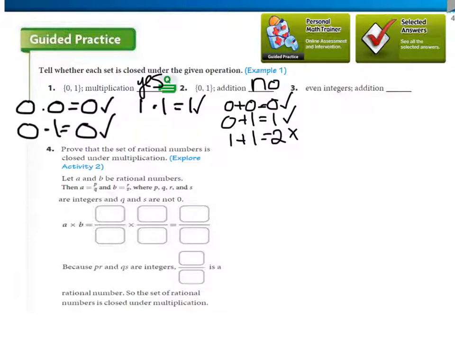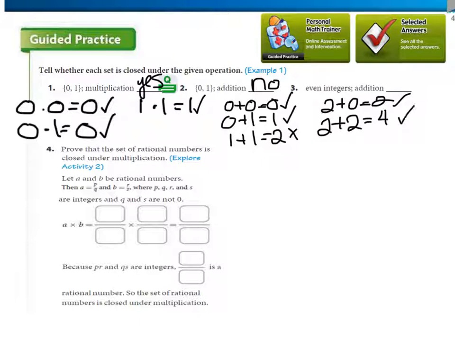And then even integers under addition, would you always get another even one? So even numbers, we're talking about 0, 2, 4, 6, 8. So you could even take a couple examples. So let's go 2 plus 0. Well, that's 2. That's still an even integer. Okay, well, what if I take two positives and add them together?